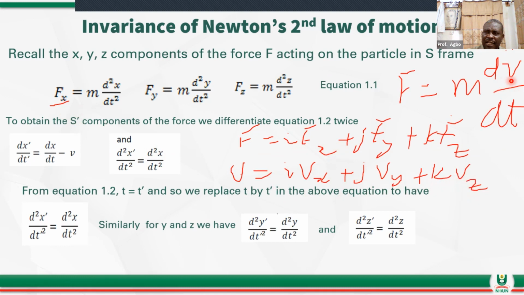We know that our velocity V is a vector as well. So how do we put this in?